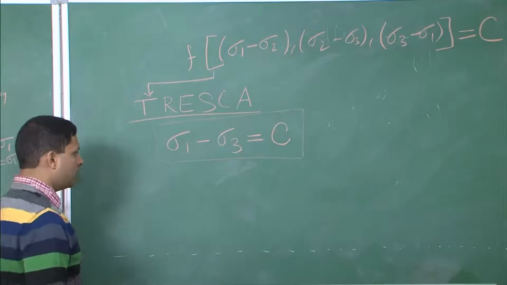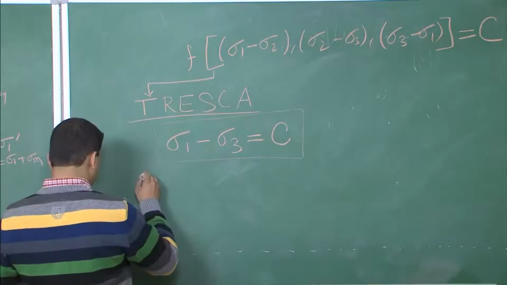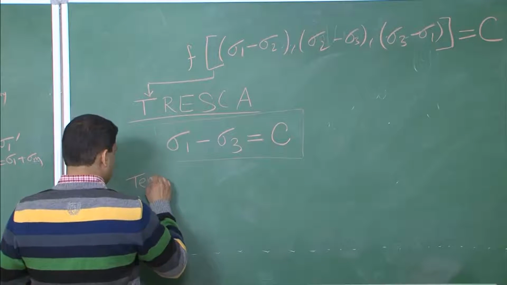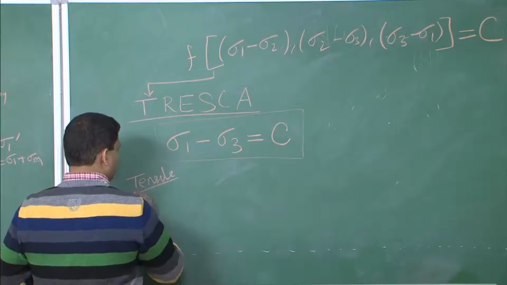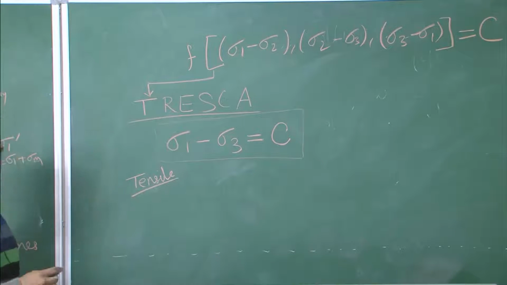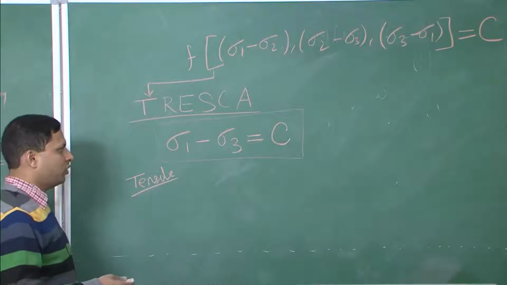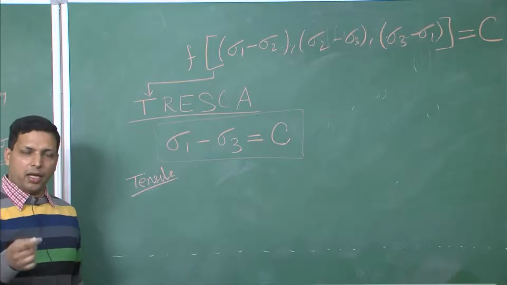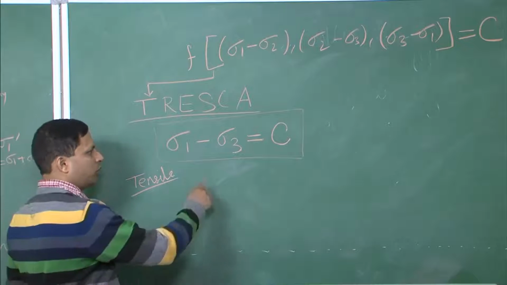To do that, we will simply take a tensile condition, meaning we put the material in a tensile test, and there we will find the value of sigma 1 and sigma 3 in terms of Y and put it over here.